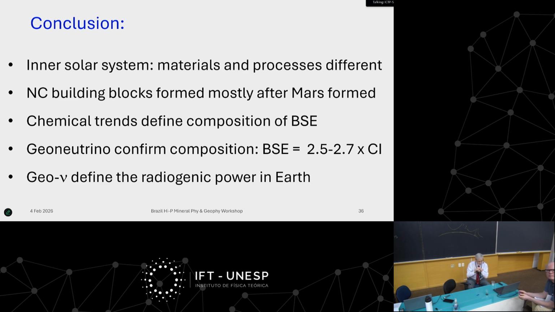But shouldn't you also need to know the composition, and thus the incompatible elements of uranium, thorium, potassium partitioning into that reservoir? Which reservoir? The large low shear velocity provinces reservoir.